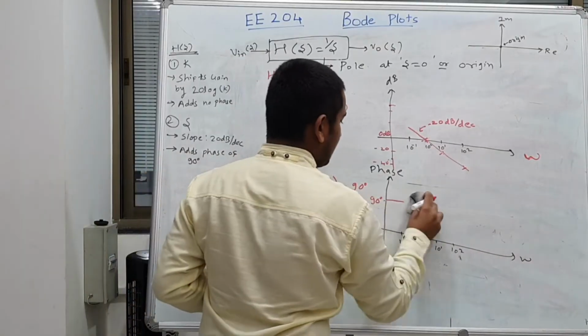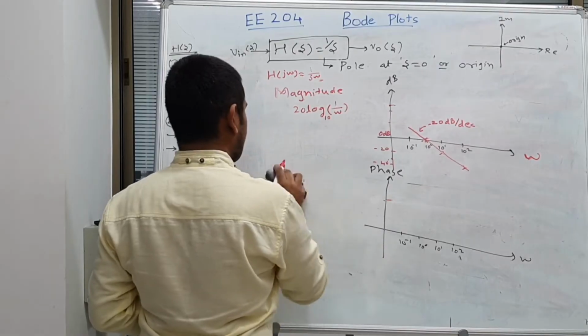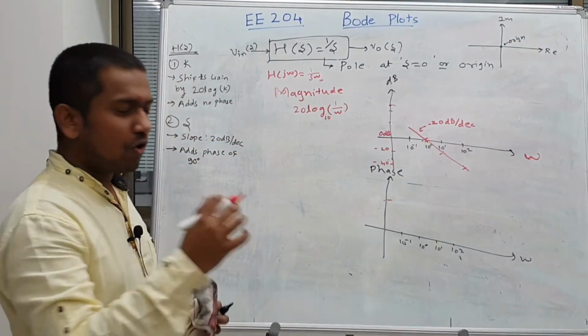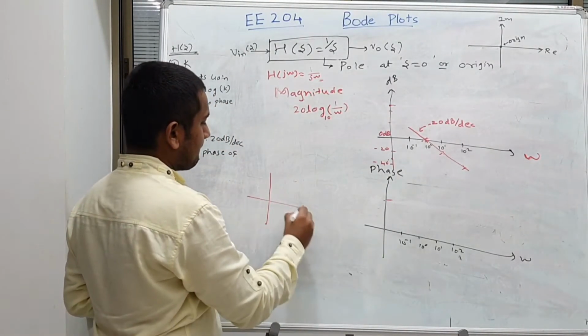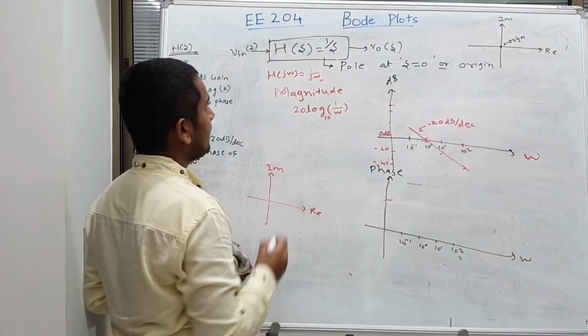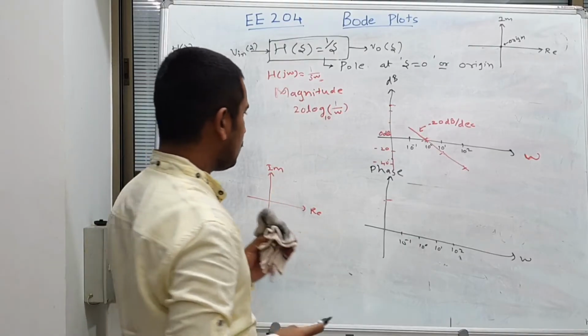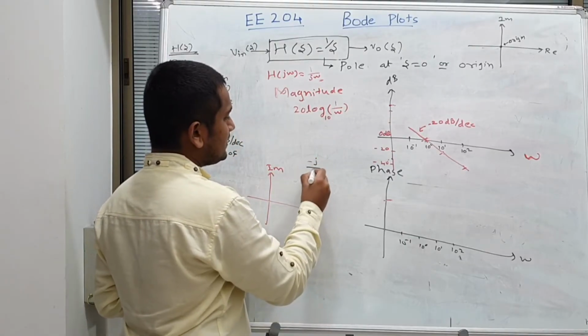Now let's look at what happens to phase. We'll draw a complex plane with real axis and imaginary axis, and we'll see where this 1 by j omega fits. 1 by j omega can be rewritten as minus j by omega.